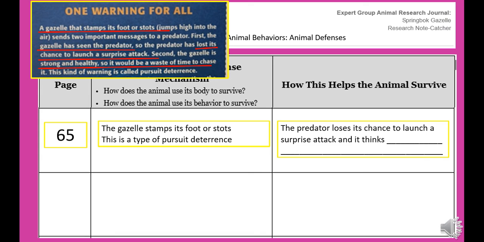So the first message was that it loses its chance to launch a surprise attack, and the second thing is also underlined up above. So use that information to help you. Pause the video now so that you may have time to complete this in your research journal.